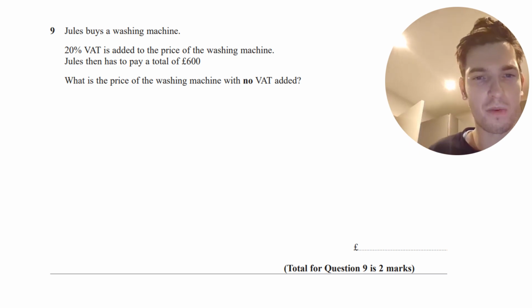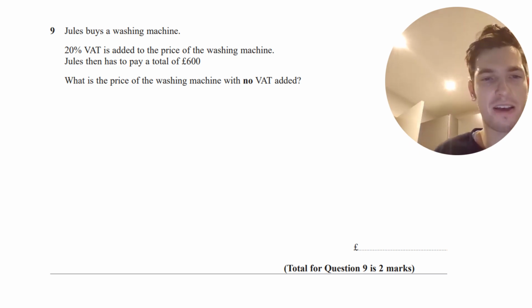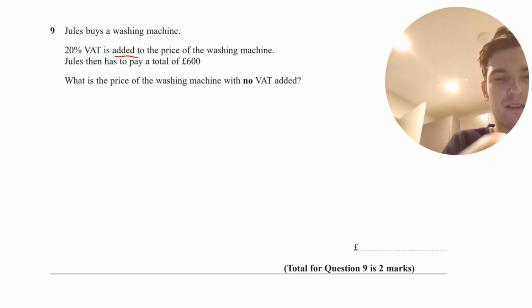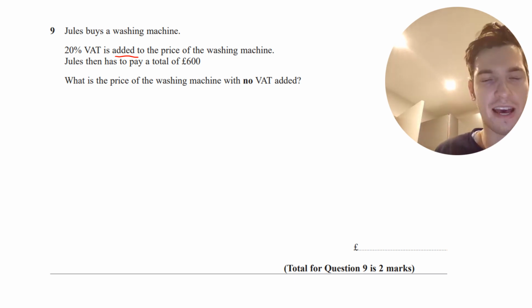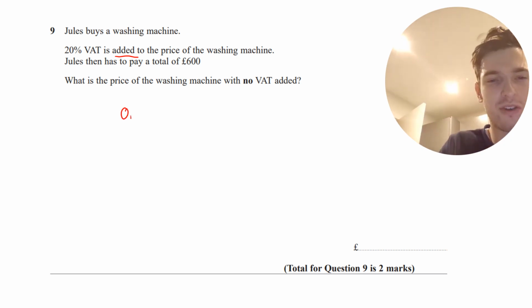Okay, Jules buys a washing machine, and 20% VAT is added, so it's going to make it more expensive than the price of the washing machine. Jules then has to pay a total of 600. Okay, so this is after the VAT is added. So I think this is an original and new percentage question.